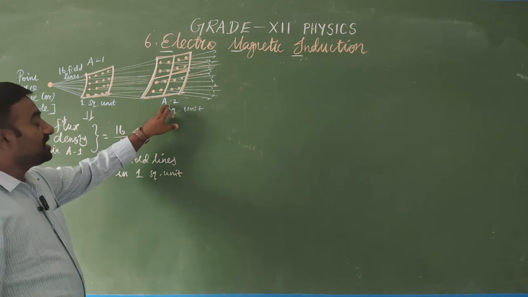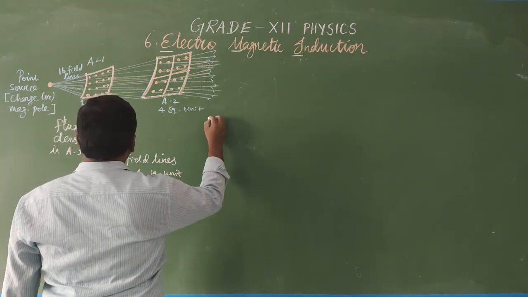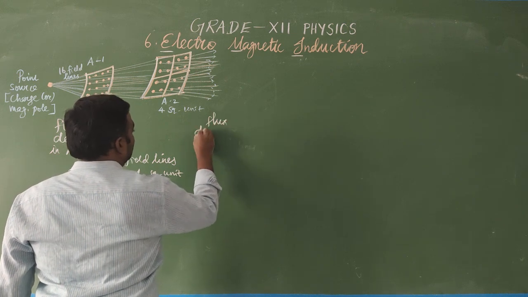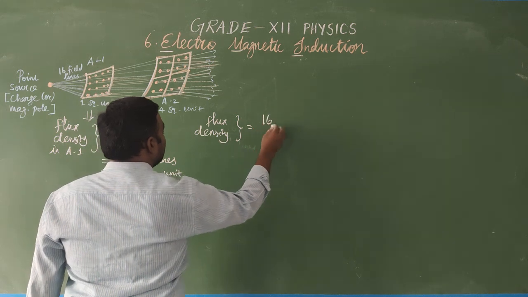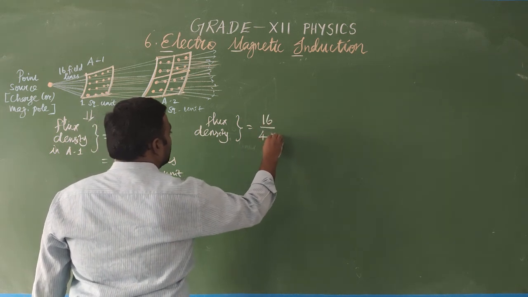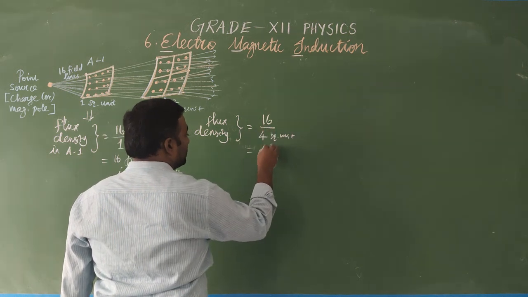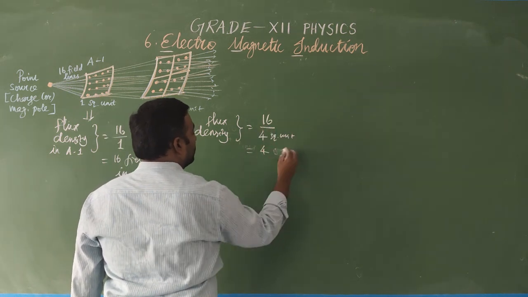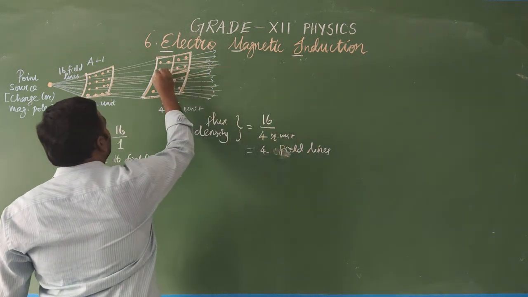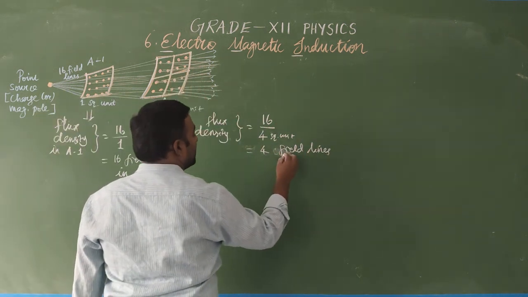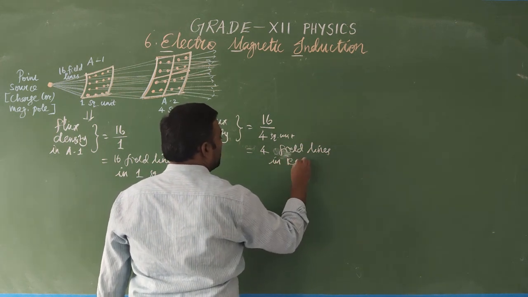Similarly, in the second area, the flux density is 16 field lines entering 4 square units. So we have 16 by 4, that is 4 field lines over each square unit. 4 field lines in each square unit.